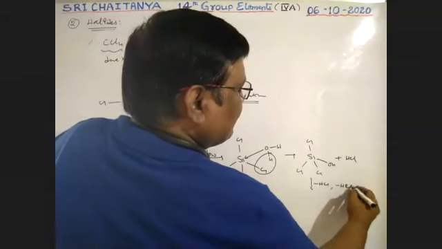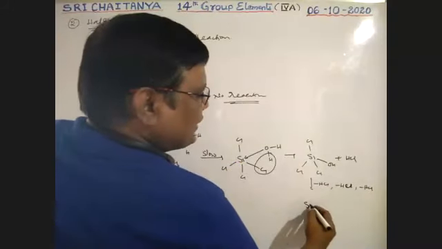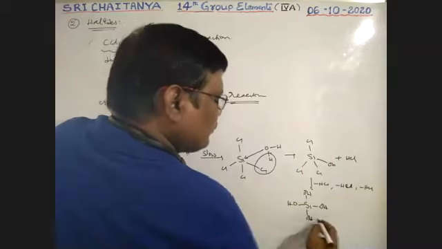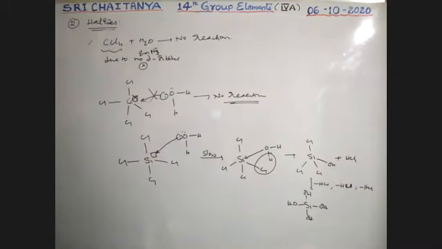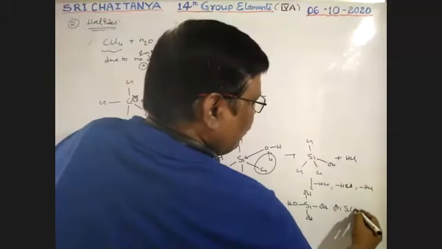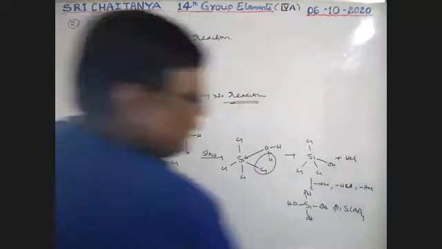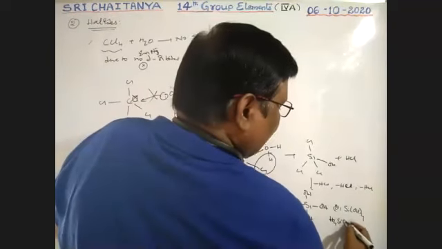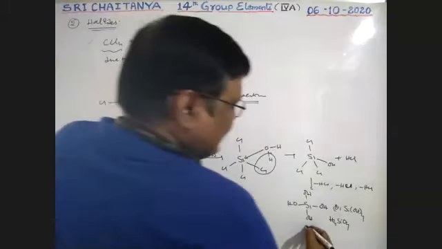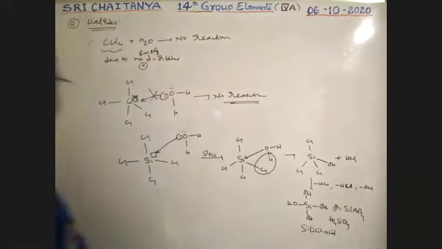So three times it is possible. That gives Si with four OH groups, which I am also writing as Si(OH)4, or H4SiO4, which is called silicic acid.